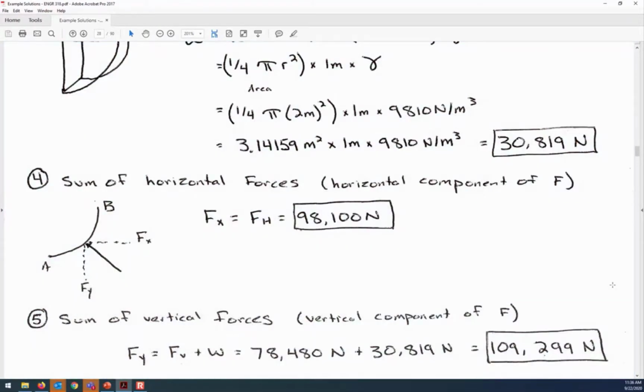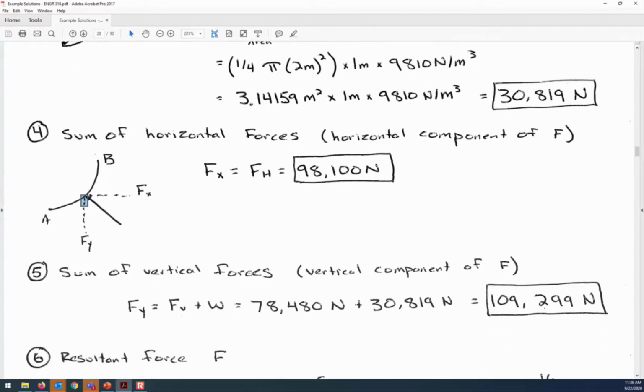So it is the sum of the 78.48 kilonewtons that came from the rectangular shaped box, and then the 30.8 kilonewtons that comes from the wedge-shaped quarter circle that's immediately above the gate. So you can see again, I have, well, maybe you can't see the arrow tip on the end there. It's up, whereas those other forces are down.